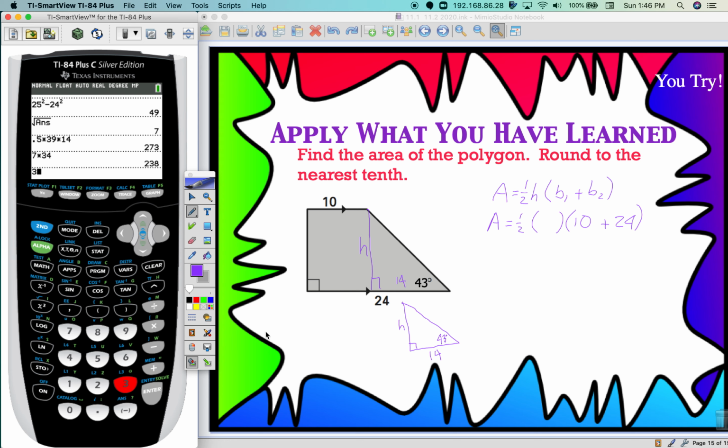So you go through your roadmap from way back in January. Nothing's going to work till you get to basic trig, and you'll end up doing tangent of 43 equals opposite leg over adjacent leg. Multiply both sides by 14, and that'll give you your height.